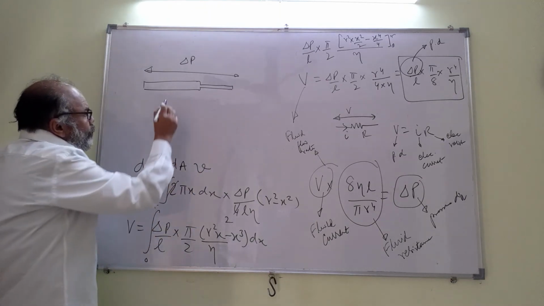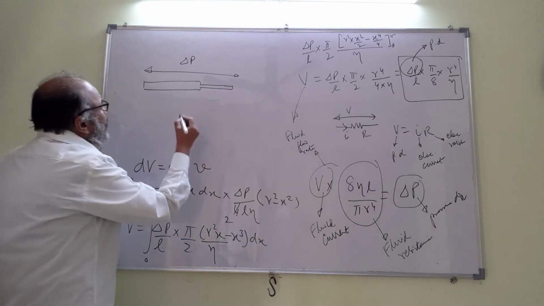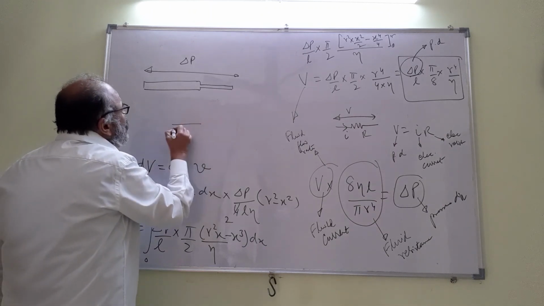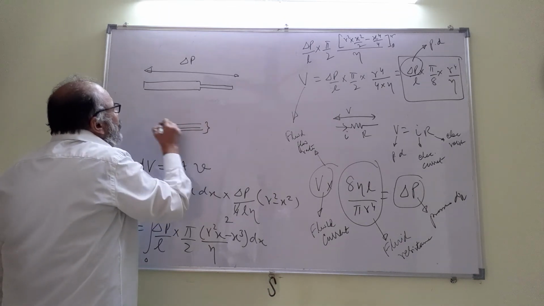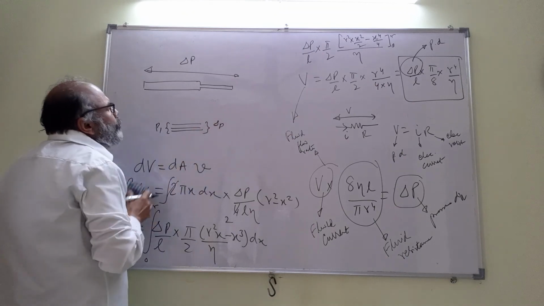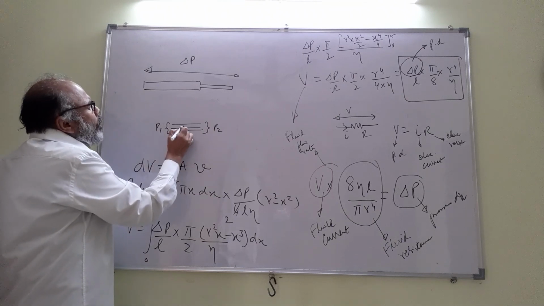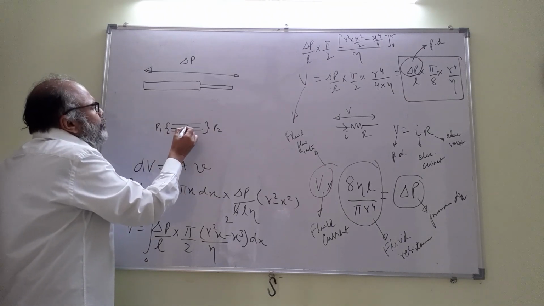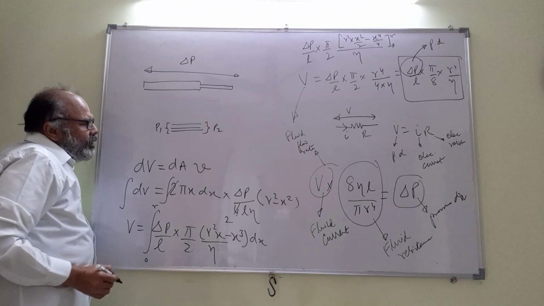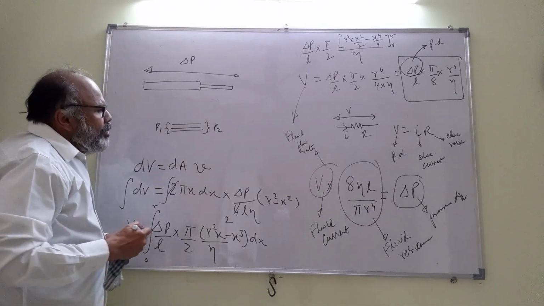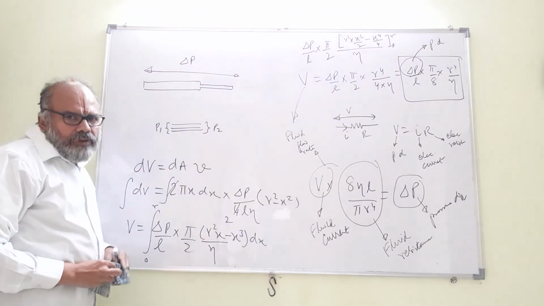Or if you had two tubes like this, with pressure P1 here and pressure P2 here, then you could treat these as two fluid resistances in parallel. This way you can apply all the laws of electric current to this as well. Thank you.